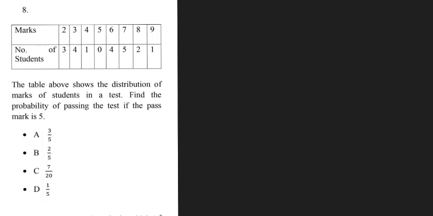So in this case, what we call the sample space, right? We're going to calculate the sample space, which is the total number of outcomes, which is this. Are we there? So the total number of outcomes will be 3 plus 4 plus 1 plus 0 plus 4 plus 5 plus 2 and plus 1.